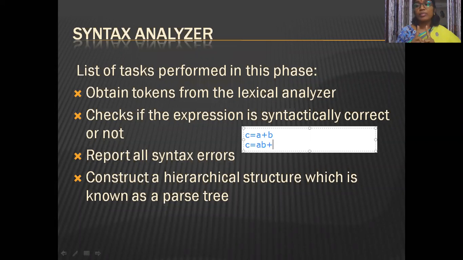Definitely not. Mathematically, it is not correct, because the rule says that in between two operands, you should have an operator so that it will perform some operation. So this statement is wrong.